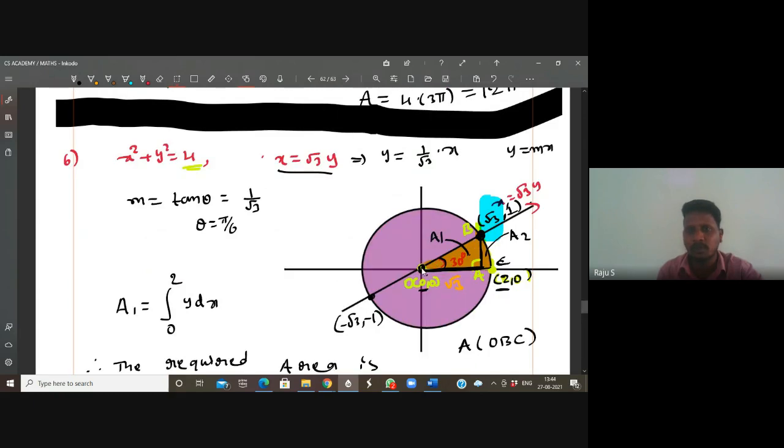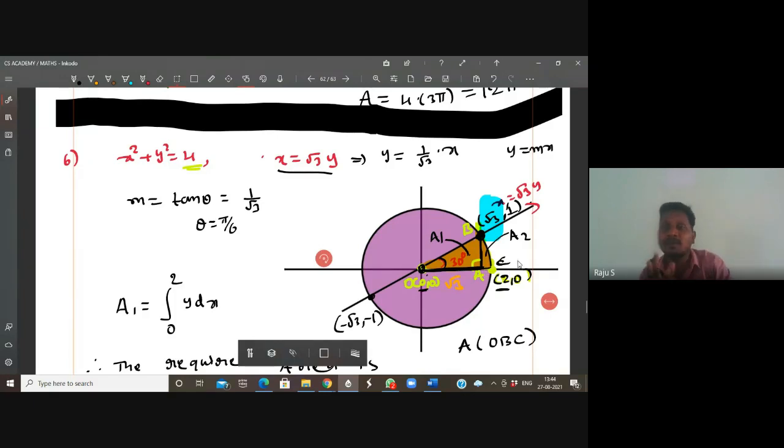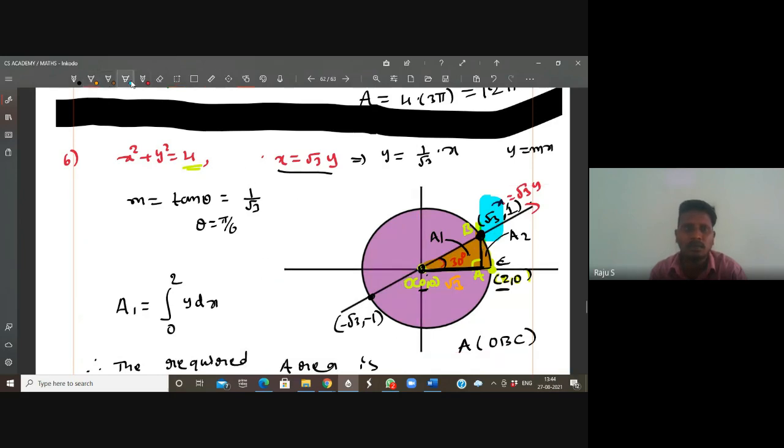From OAB, how can you find ABC? ABC is related to only the circle and the x-axis.